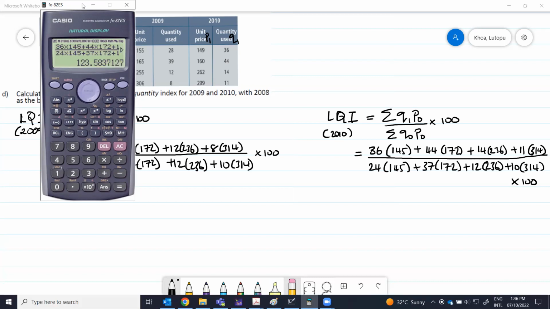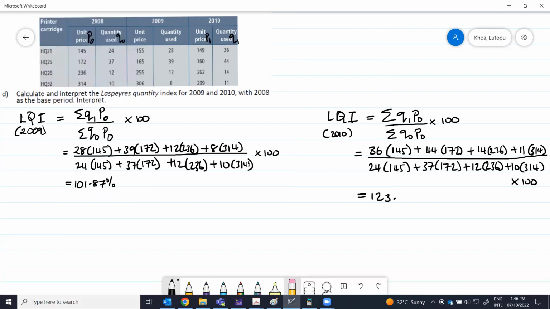Okay, so we get 123.58. Okay, so now we'll write one sentence summarizing it.